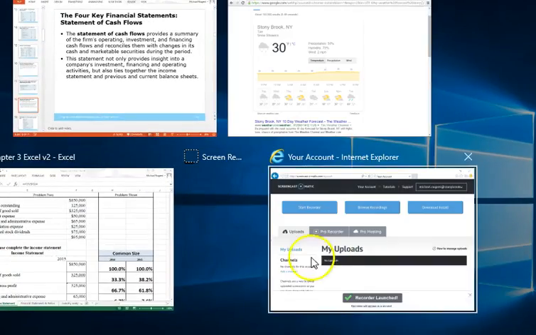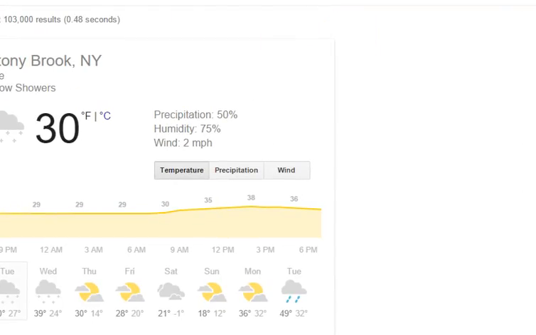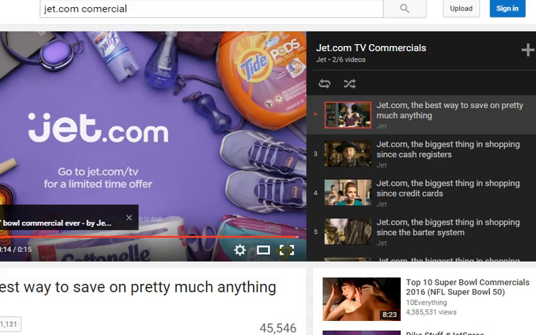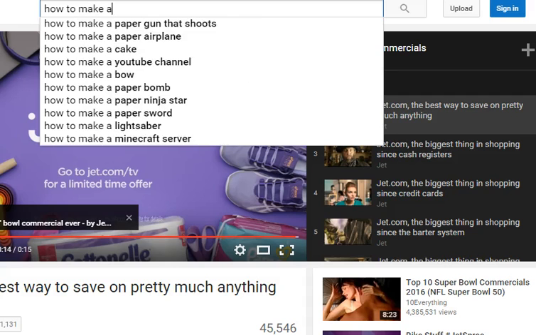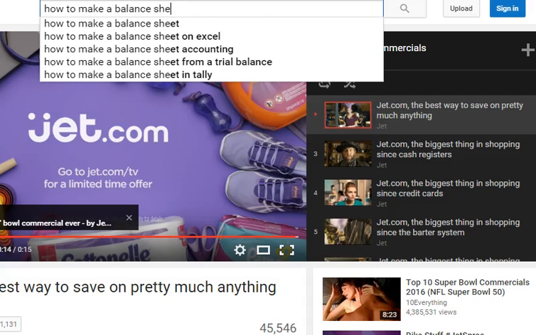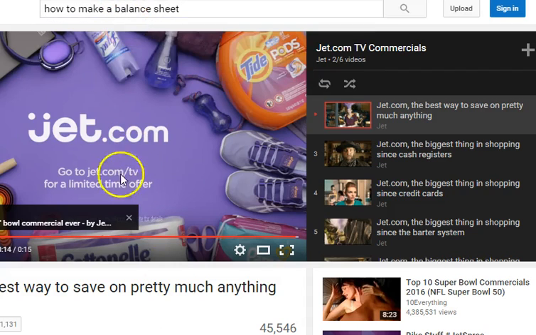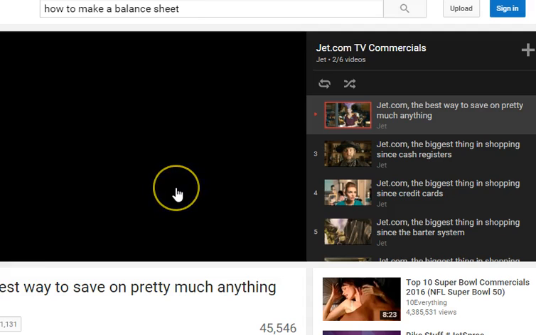Also, if you want, you can go to YouTube and just type in how to make a balance sheet, and see how many YouTube videos come up.